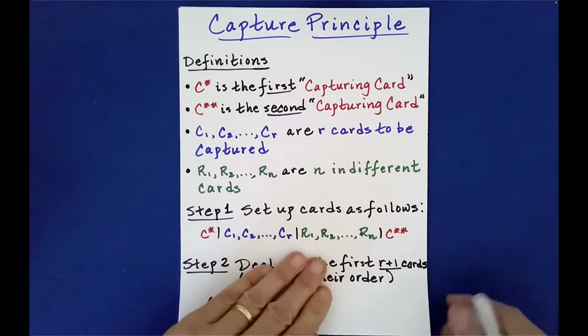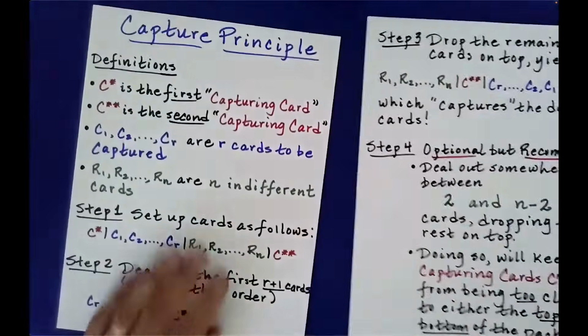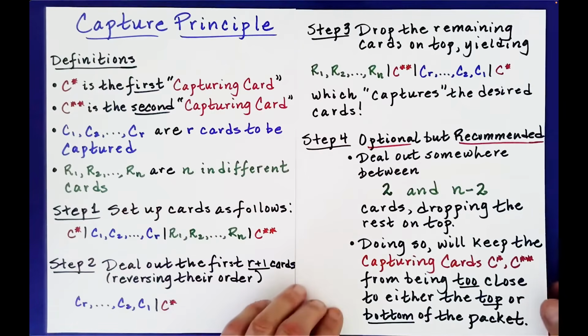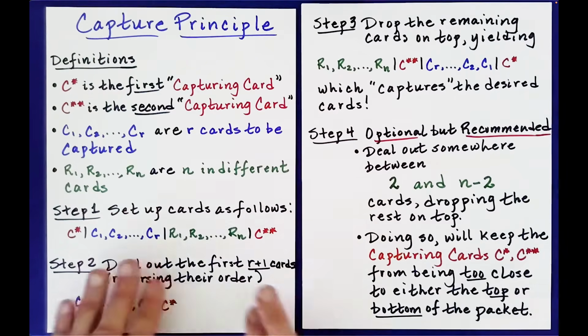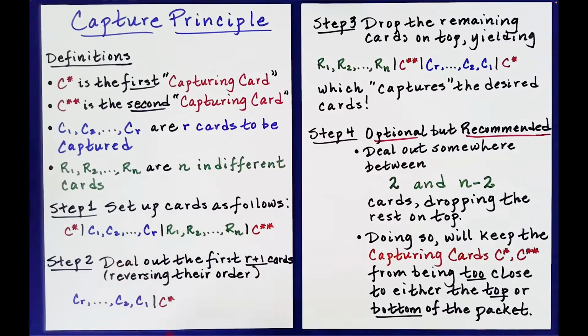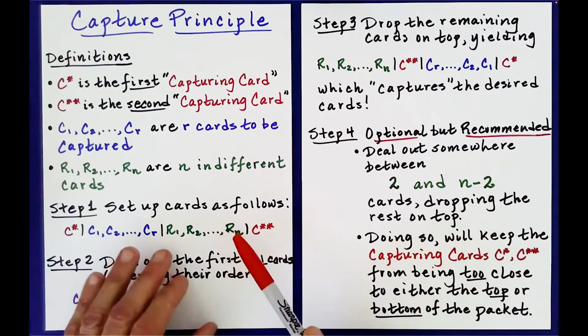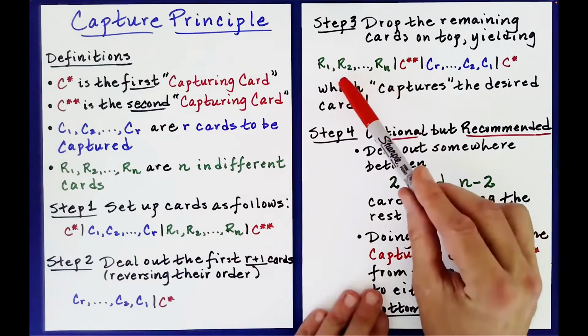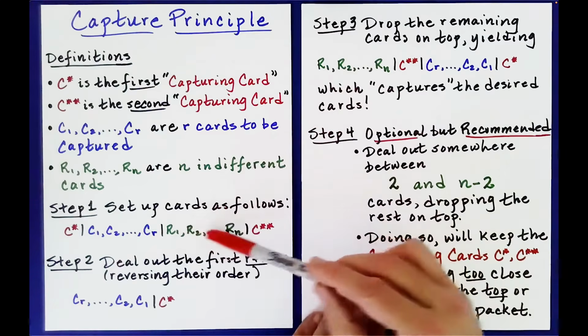And then from there, all we need to do is simply drop the remaining cards in your hand on top of the ones dealt to the table. Those would be these remaining cards, these indifferent cards. Their order is going to be the same as it originally was.